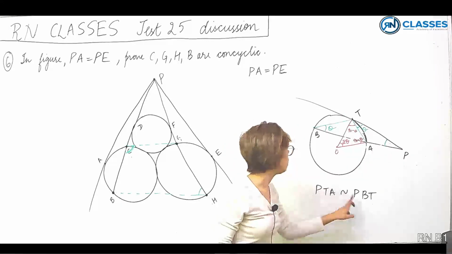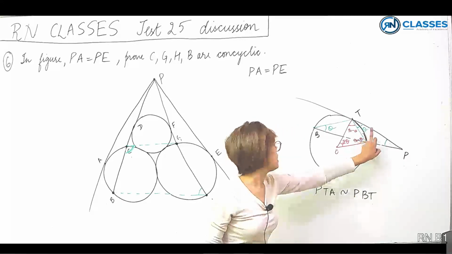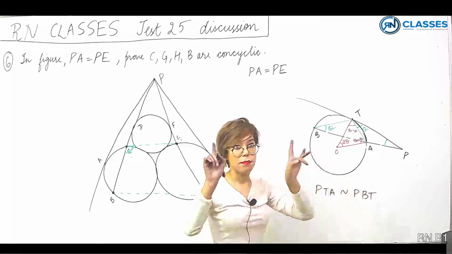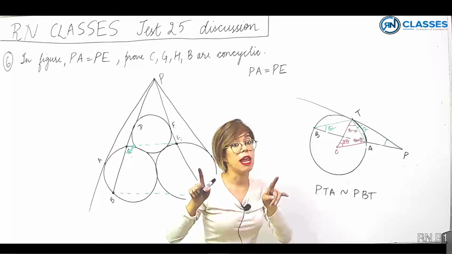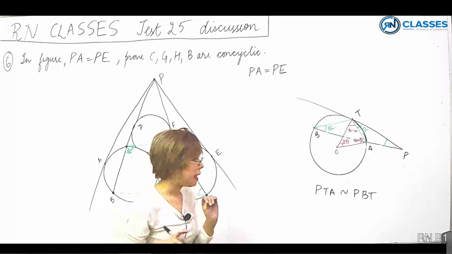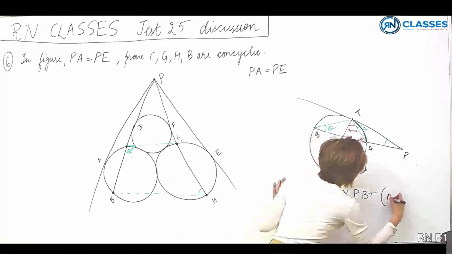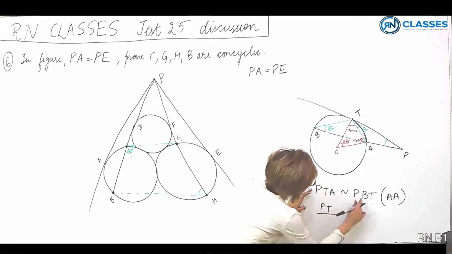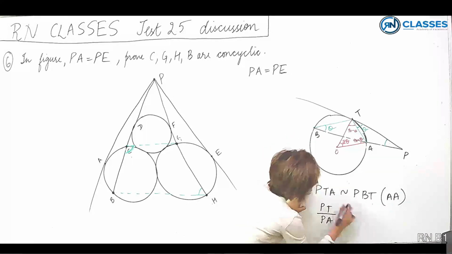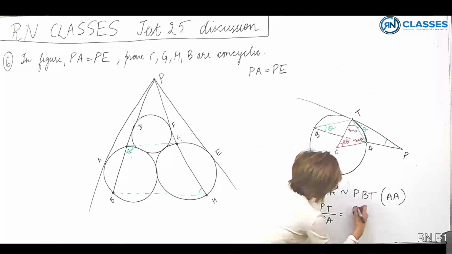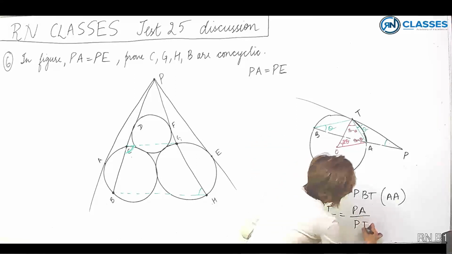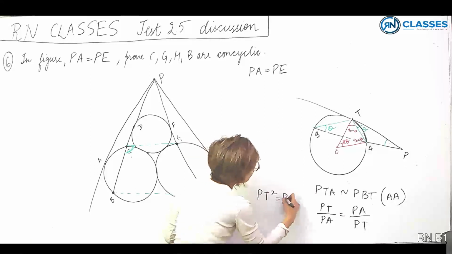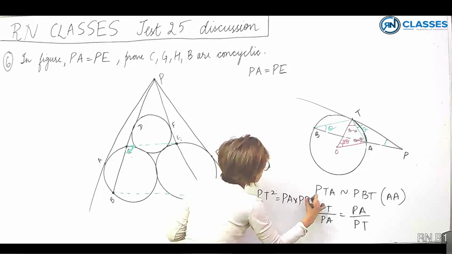Right? P is the common angle and this angle T is equal to B. So T corresponds to B. Be careful while writing the similarity statement. Right? By AA similarity rule. So, PT by PB is equal to PA by PT. From here I can say that PT square is equal to PA into PB.